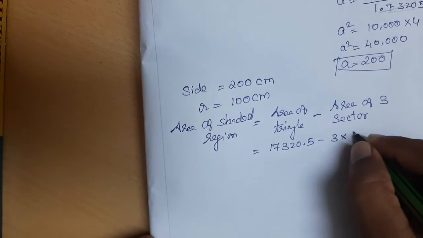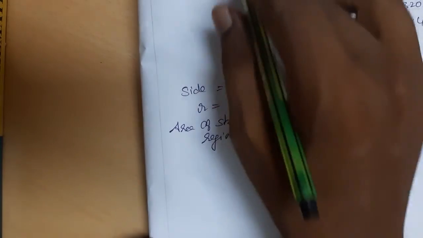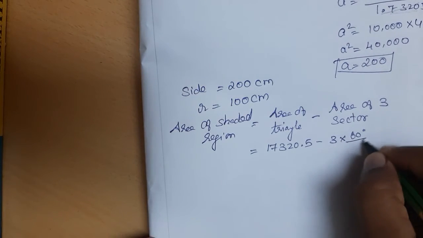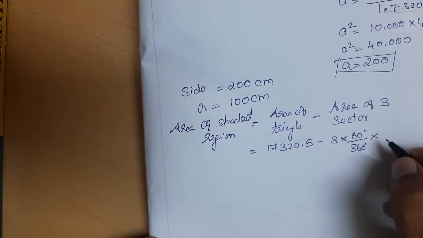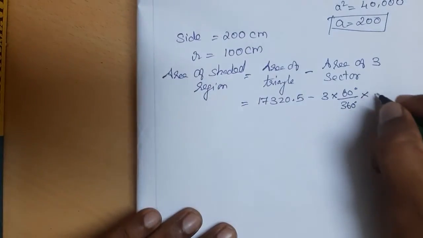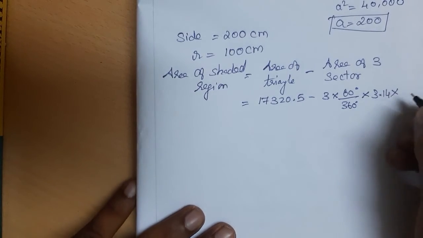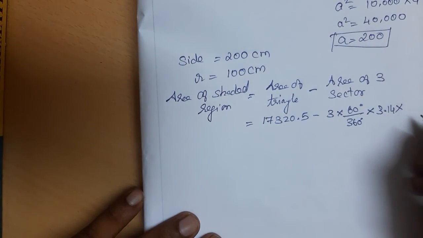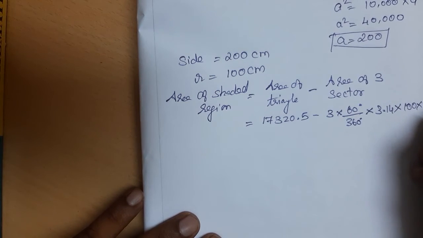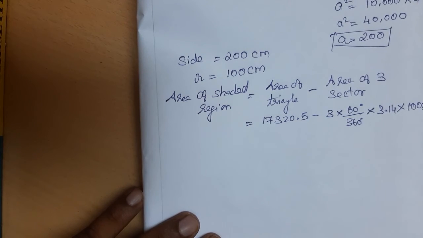So 3 into theta by 360, theta is 60 degree, 60 degree by 360 into pi value they said to use 3.14 into r square. So r is 100 square, 100 into 100, right?